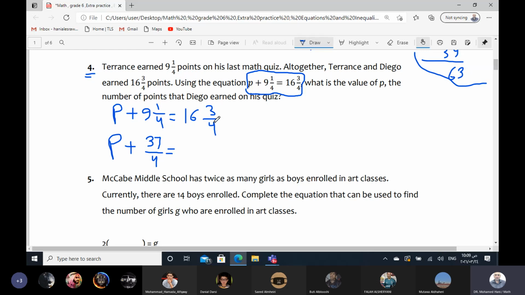The same idea here, change to the fraction. 16 times 4 will be 64. Now 64 plus 3 will be 67. 67 over 4.